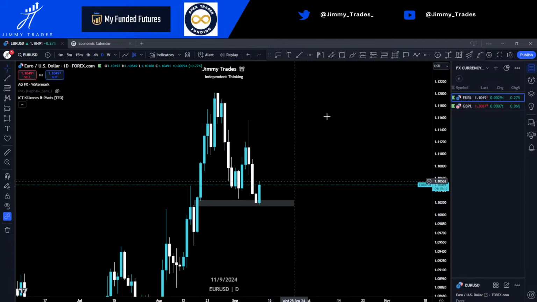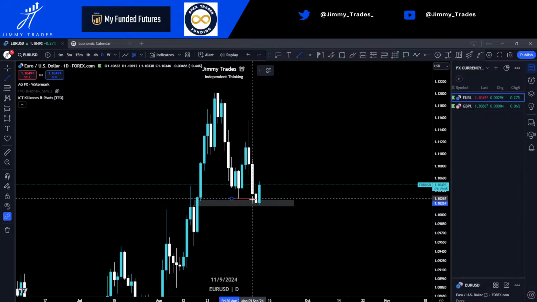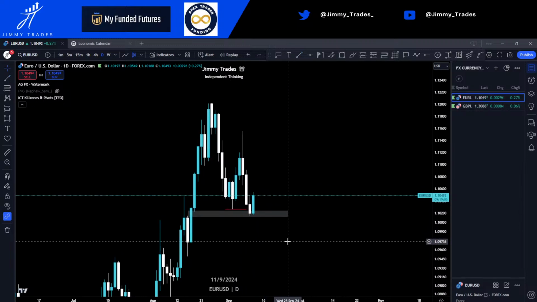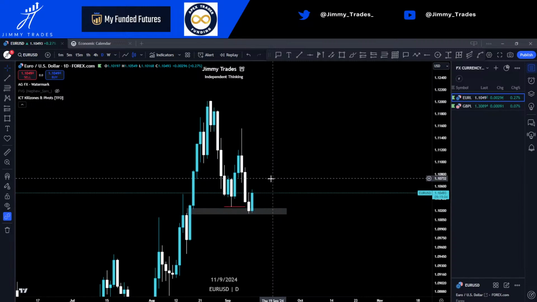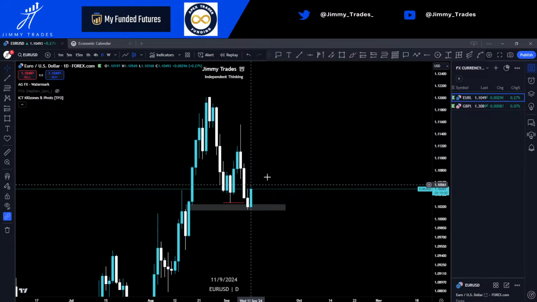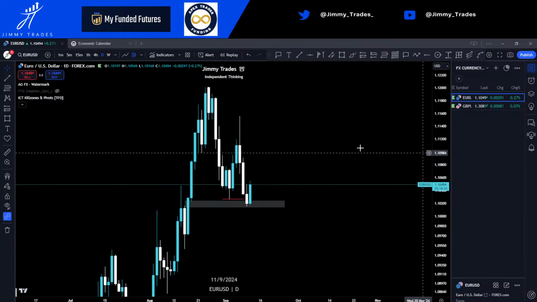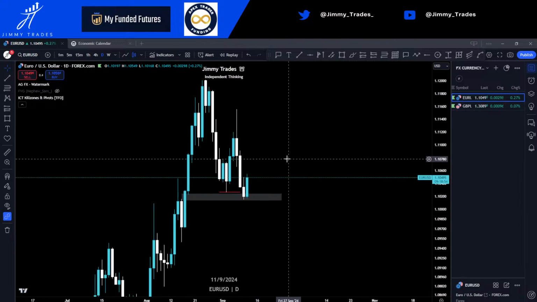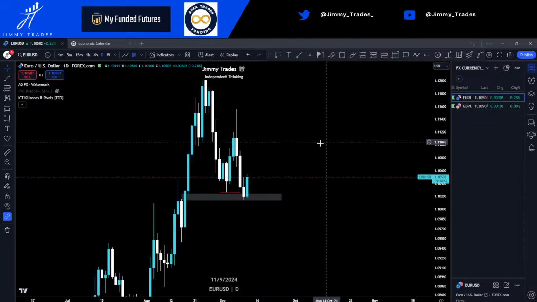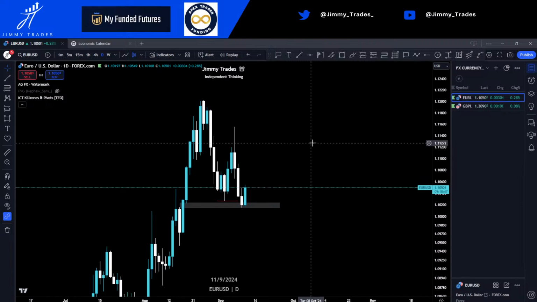So price is respecting this bullish FVG here on the daily, and obviously we're located at a swing low. So looking for price to reach higher, but then we are resting in this same FVG. So being patient on 6E, let's wait and see what CPI does before we confirm that bias.